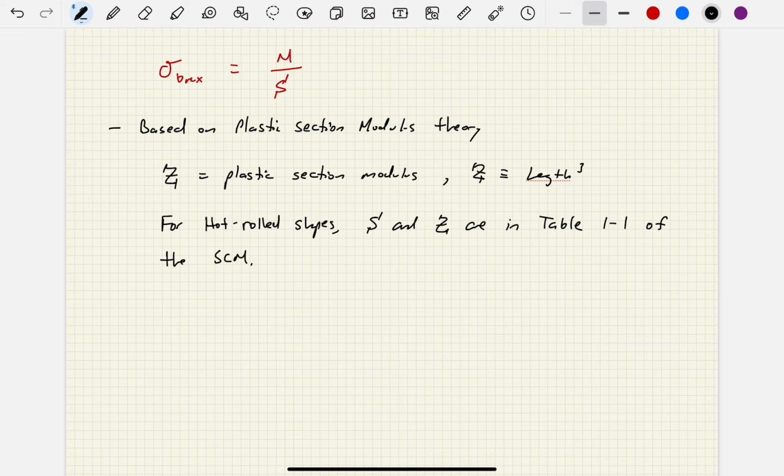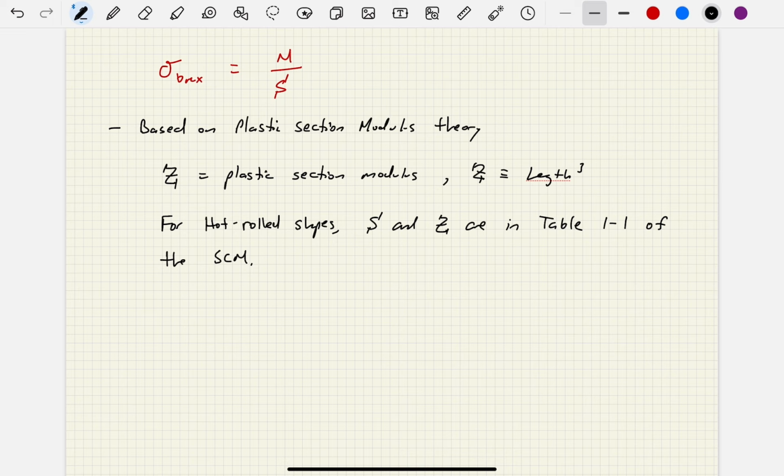So when you have a standard hot rolled shape, and we use W shapes quite often for beams in steel beam design, the great thing is the elastic and the plastic section moduli are found in that table 1-1 that hopefully you're already familiar with from your knowledge of steel design. And so you don't have to calculate these from scratch very often. You might have to calculate them from scratch if you have a built-up section, of course, but for the standard hot rolled shapes, you don't. They're in that table 1-1, okay?